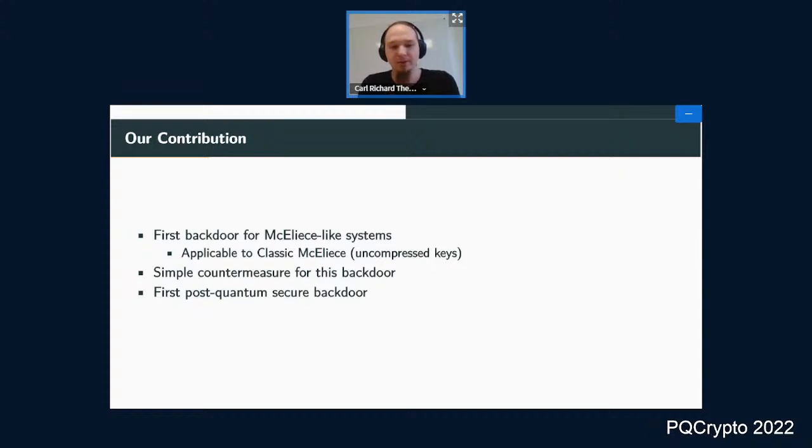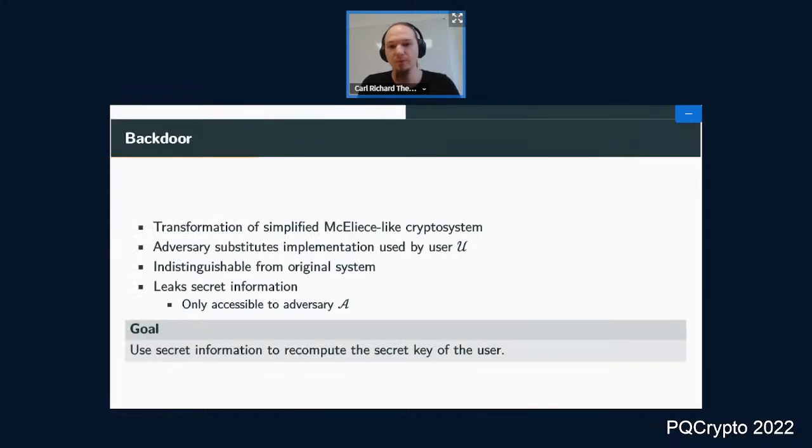So now let's first think about what we expect from a backdoor. We would expect some transformation or modification of, in our case, first a simplified McEliece-like cryptosystem, where the adversary is able to substitute the implementation used by the user. So, for example, somewhere along the supply chain, the adversary is able to substitute the used implementation.